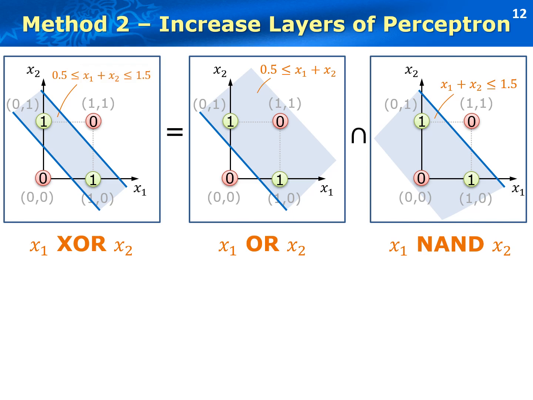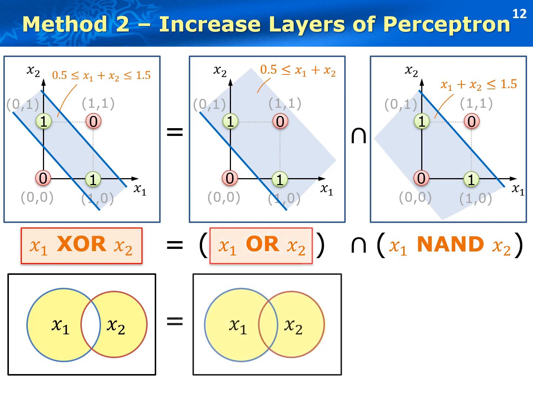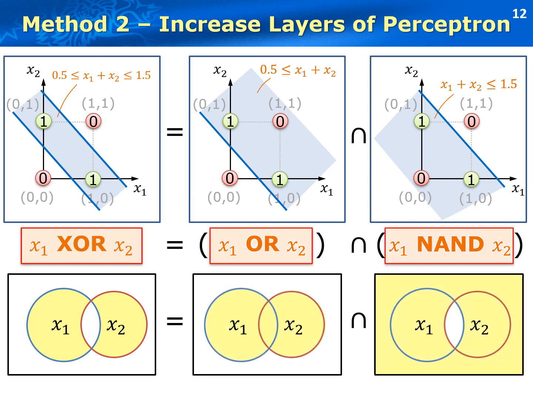This relation is consistent with our previous expression of XOR depicted as Venn diagram. This is the Venn diagram of XOR, which is equal to the OR gate intersecting the NAND gate.